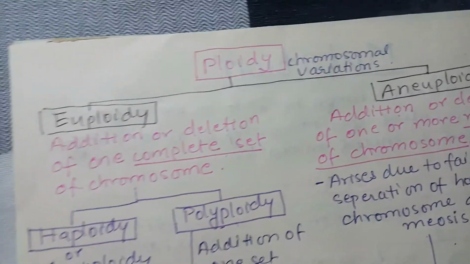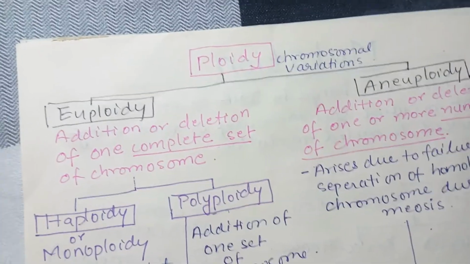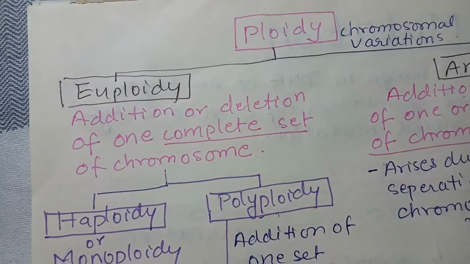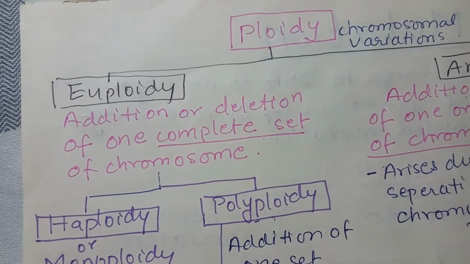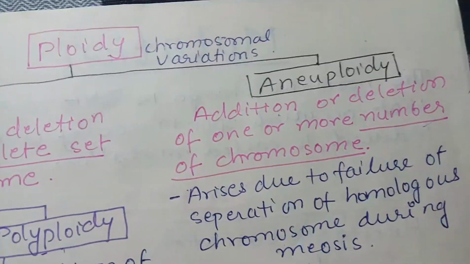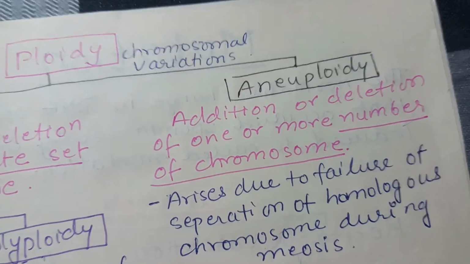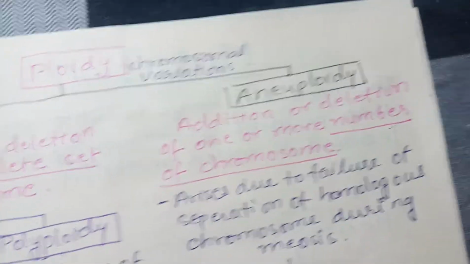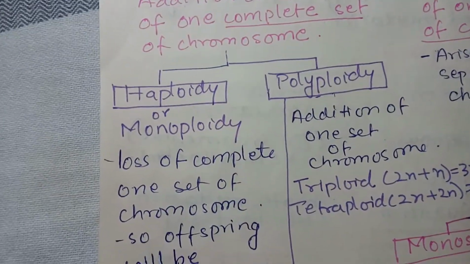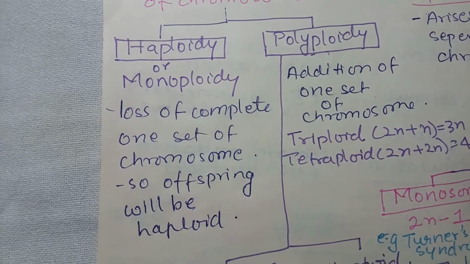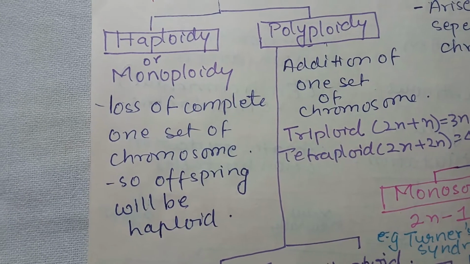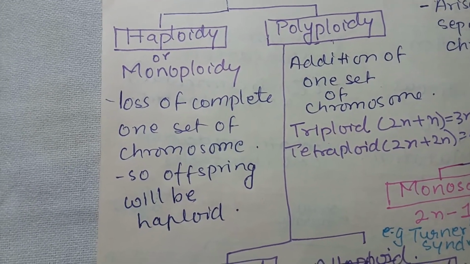It is of two types, euploidy and aneuploidy. Euploidy is addition or deletion of one complete set of chromosomes. Aneuploidy is addition or deletion of one or more chromosomes. Euploidy is haploidy or polyploidy. Haploidy, also known as monoploidy, is where there is loss of one complete set of chromosomes.